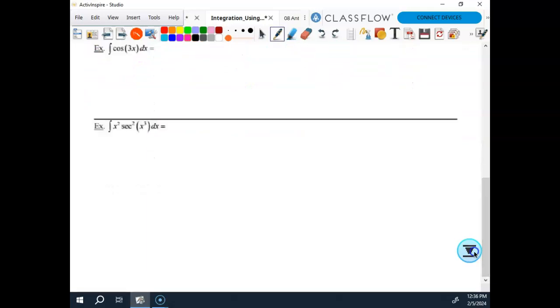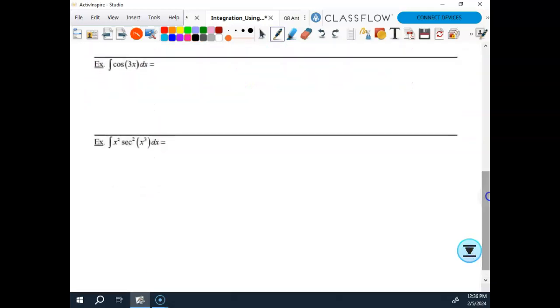So let's look at this one. What do you think we want to use for u? 3x. Okay. So u is equal to 3x. So du is equal to what? 3 dx. Well, I got a dx.